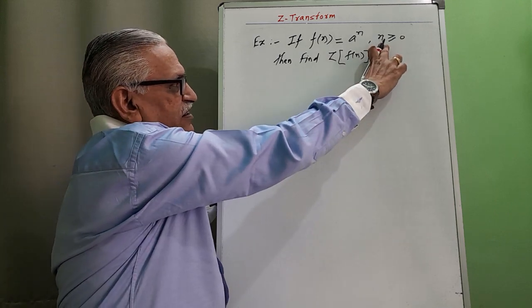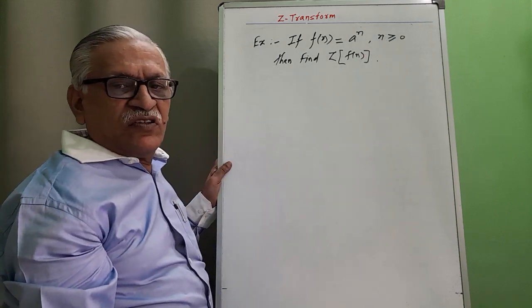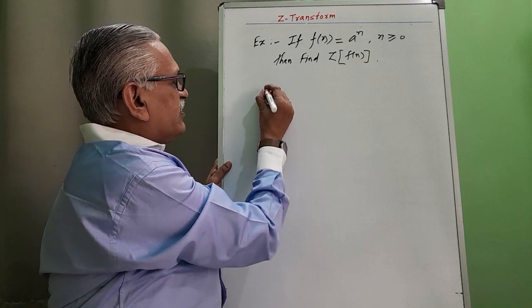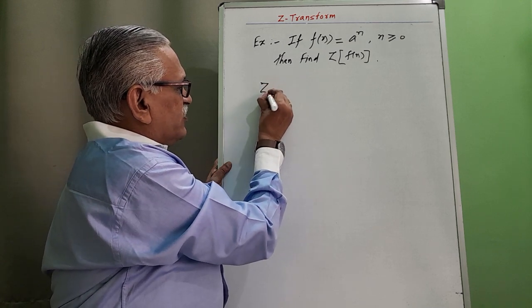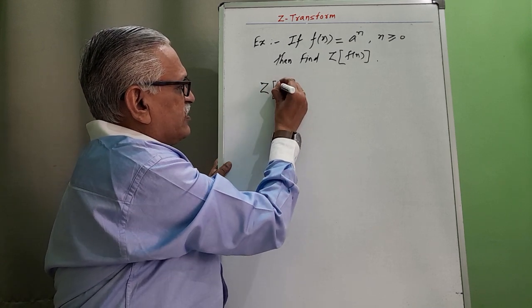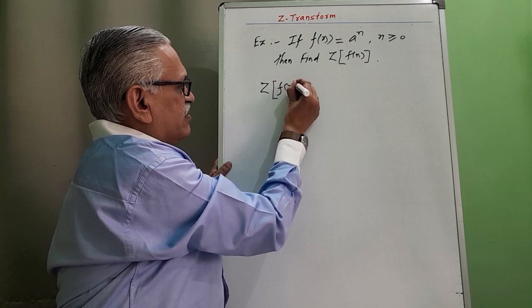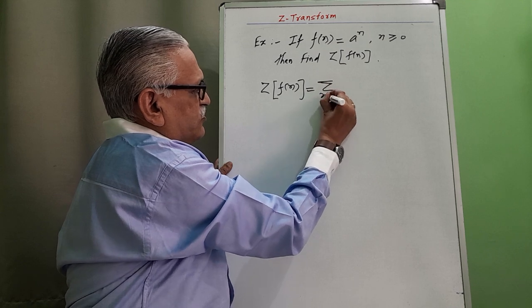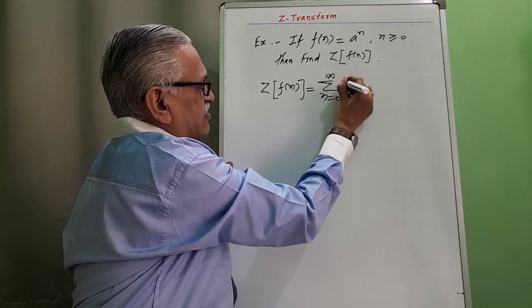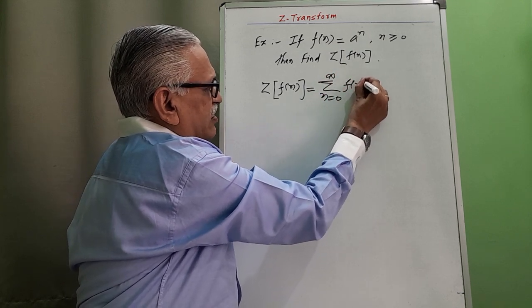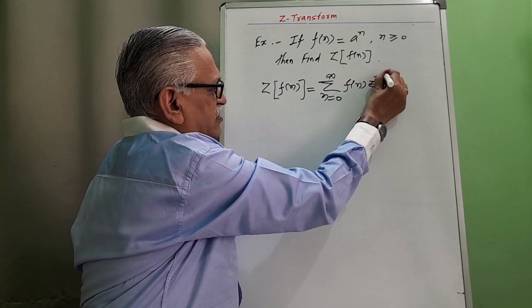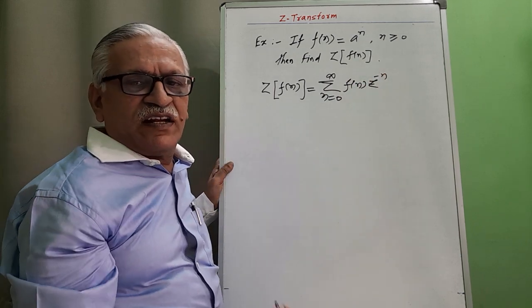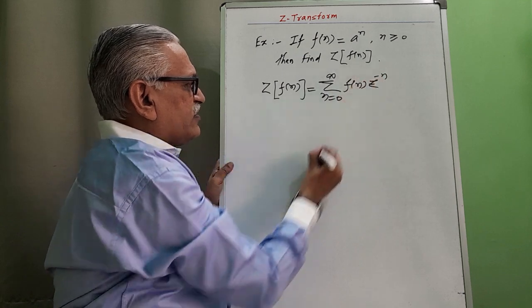As it exists for values greater than or equal to 0, using the second form of definition, Z of f of n is given by summation from n equal to 0 to infinity of f of n into z raised to minus n.